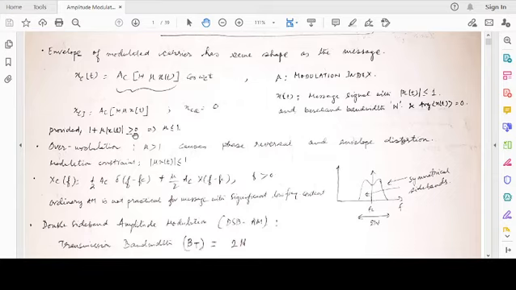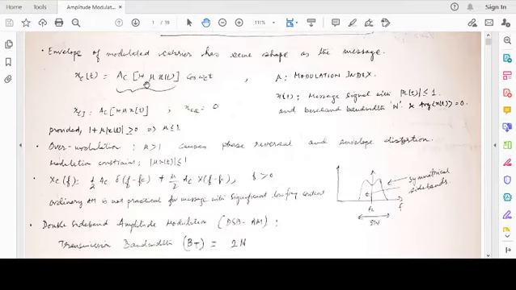Because if we want to recover the message signal from the modulated signal by just observing the envelope, then if 1 plus mu x(t) is greater than 0 for all values of x(t), there is no abrupt change in the amplitude of the carrier.